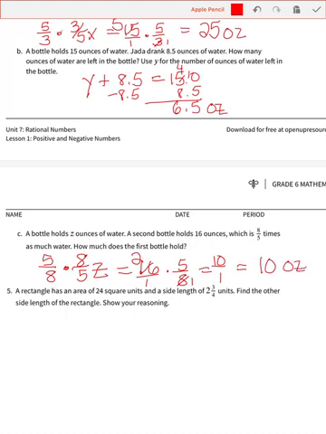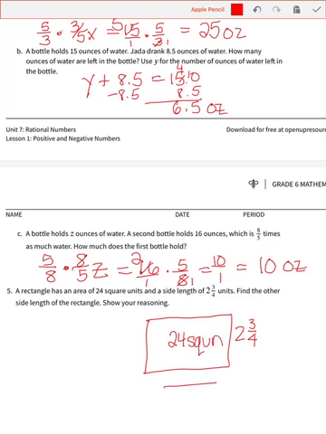Okay, a rectangle has an area of 24 square units and a side length of 2 3/4. So the area is 24 square units. And we need to know what the other side length is. So we're going to divide 24 divided by 2 3/4.